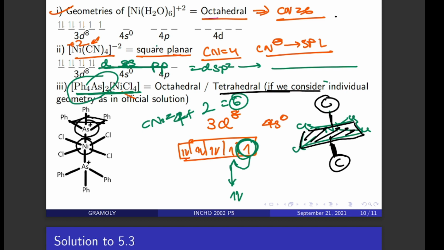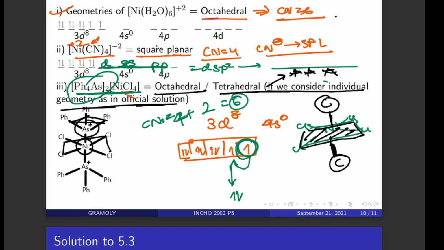So there was this one ambiguity which I found in the solutions. Otherwise we have to mention with respect to which atom, because the whole molecule is not octahedral. It's octahedral with respect to some atoms, and with respect to other atoms it may be tetrahedral or something else.